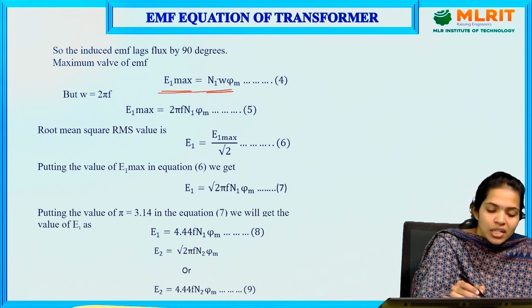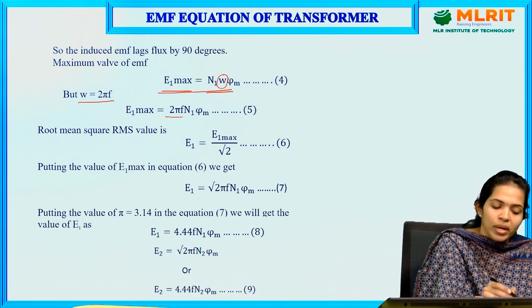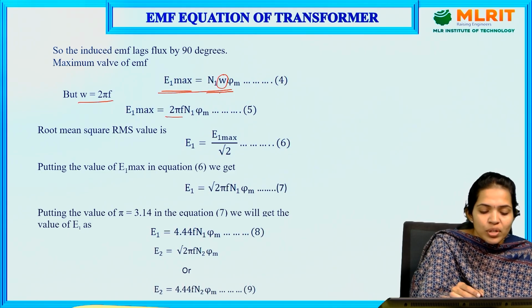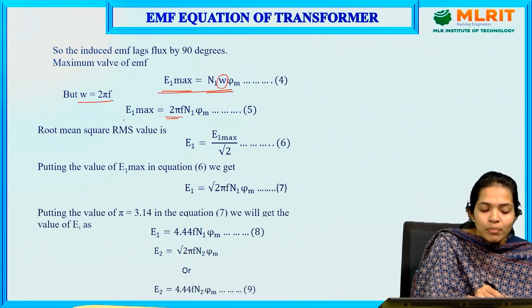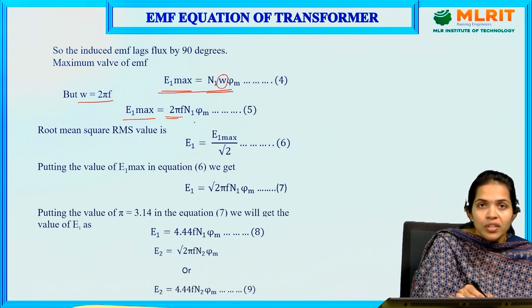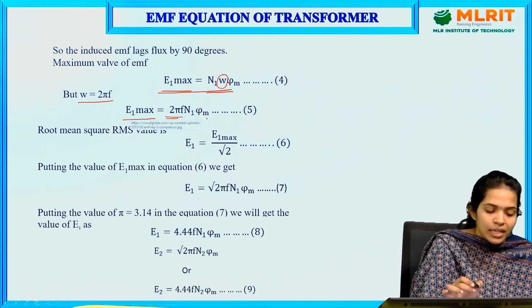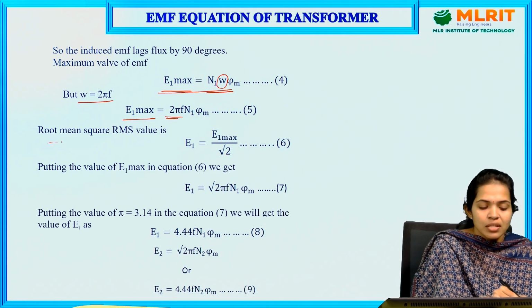So upon substituting omega as 2 pi f, as we know omega is equal to 2 pi f, substituting the value of omega here, we get the maximum value of EMF induced in the primary winding as 2 pi f into the number of turns in the primary winding and the peak value of flux in the alternating cycle of the flux. From this, the root mean square value.